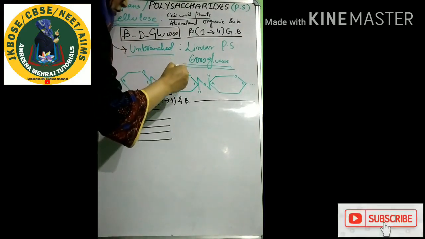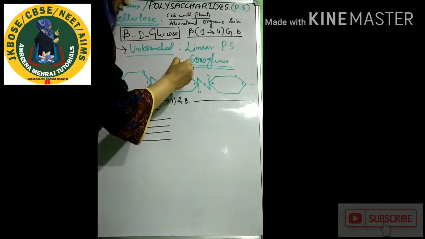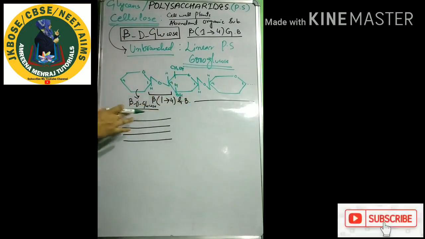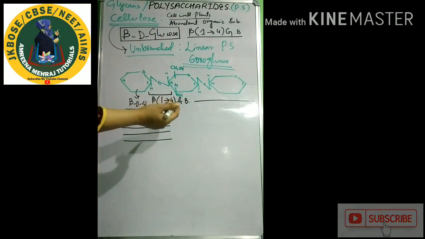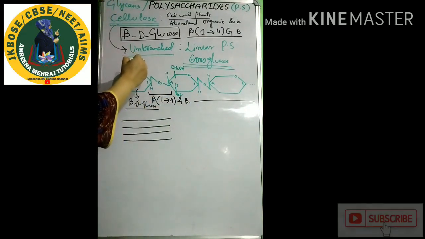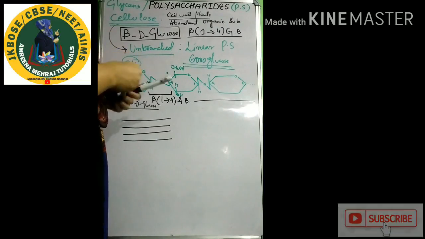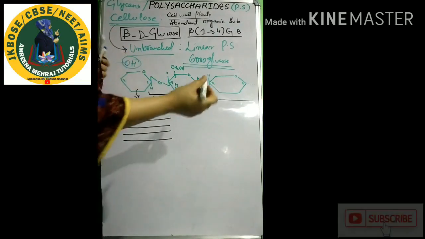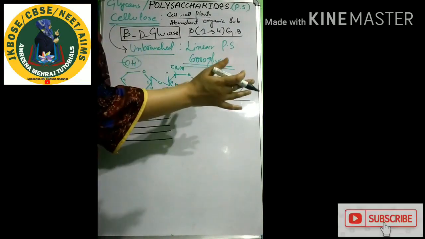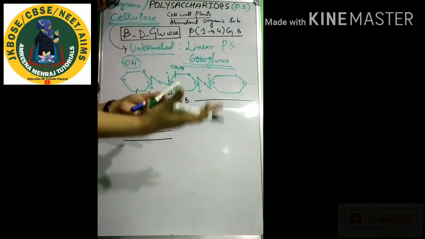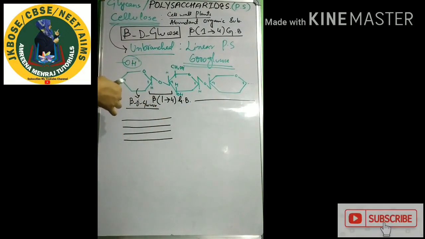Suppose over here you have CH2OH. Suppose over here you have H and OH. So that means at different locations, what do you have available? You have these OH groups available. What are these OH groups called? They are called hydroxyl groups. And from chemistry, you know, wherever you have these hydroxyl groups in close proximity of each other, that can result in the formation of hydrogen bonds. The same happens over here also.